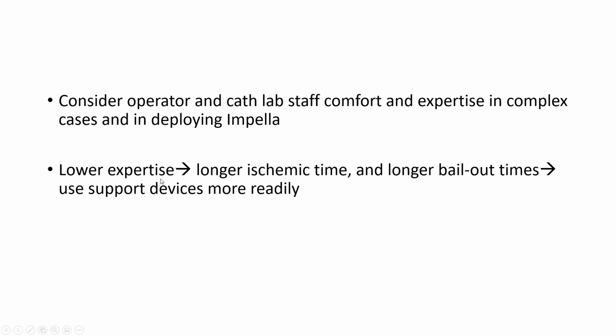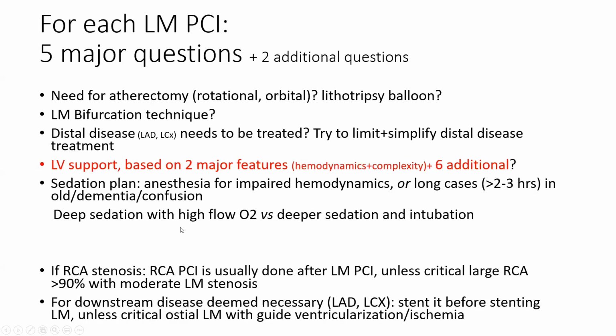If you have lower expertise, in a lower volume center, most likely you will have a longer ischemic time during your manipulation and longer bailout times if you get a complication. So use support devices more readily in those cases. It's okay to use them more often when you have less comfort level, but as you get more comfortable, you can start using them less often. So there is subjectivity involved in that.